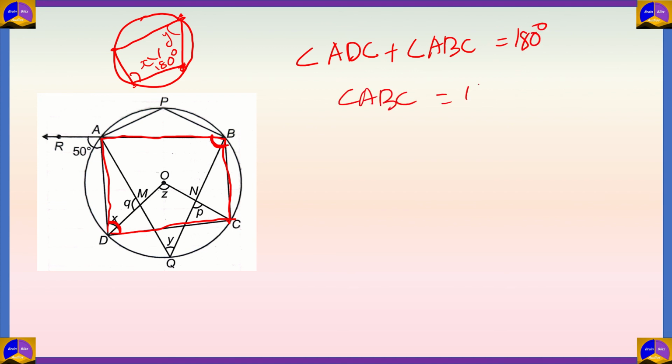And if we look at angle ADC and angle ABC, according to its properties, angle ADC plus angle ABC would be equal to 180 degrees. So angle ABC is equal to 180 minus angle ADC. Now angle ADC is X, so this is basically 180 minus X.